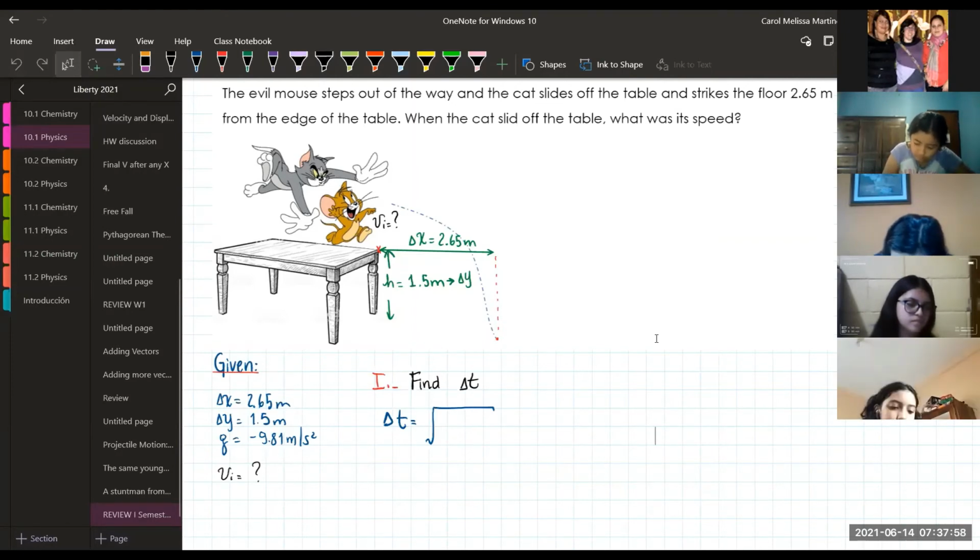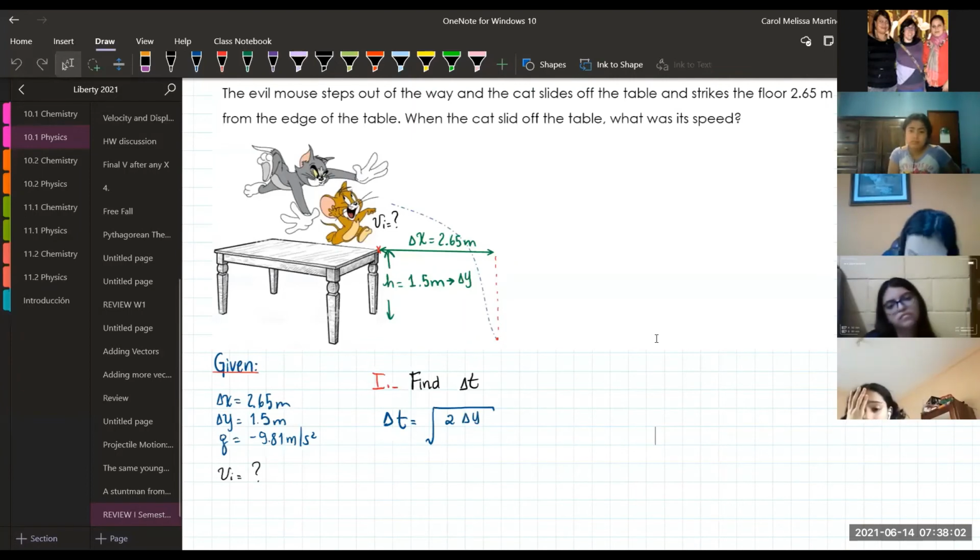Twice delta Y divided by the gravity. Now, take a look at the delta Y. I just put delta Y 1.5 meters, but it's actually not like that. So I'm going to change it because it's different. This is just the height of the table.